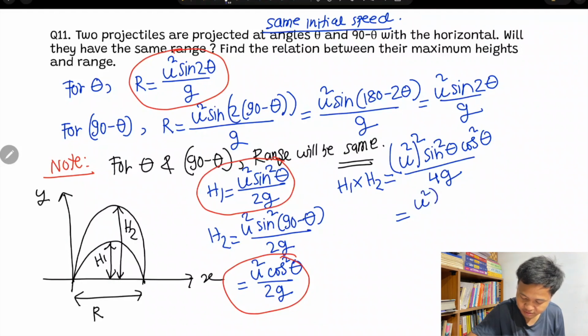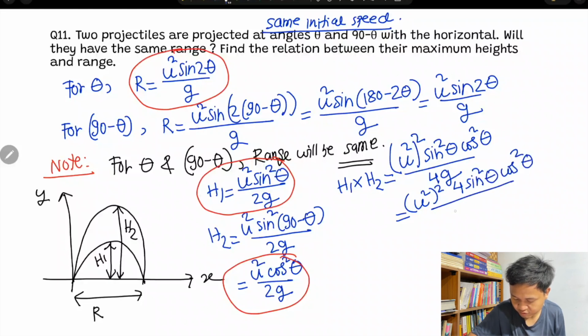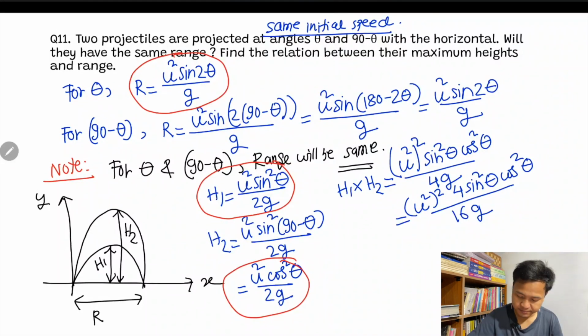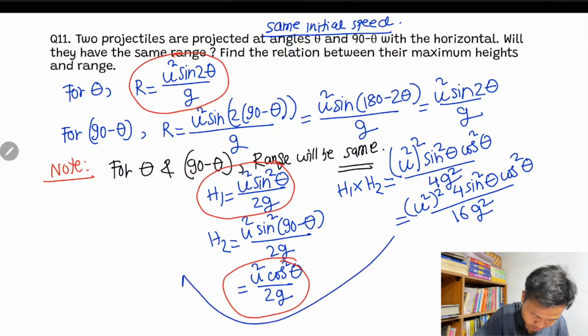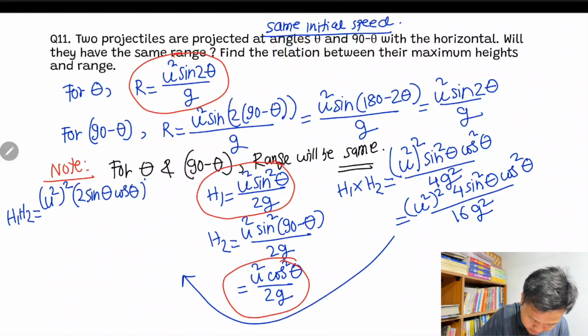So I will have u square whole square, 4 into sine square theta cos square theta, divided by 16 into g square. So h1 into h2 is u square the whole square, 4 here, 2 sine theta cos theta whole square divided by 16 into g square.